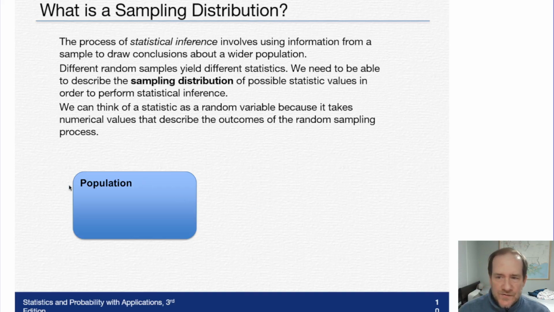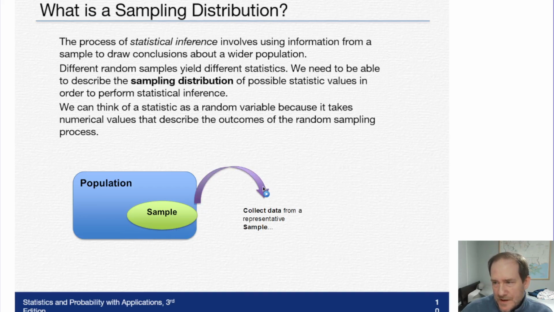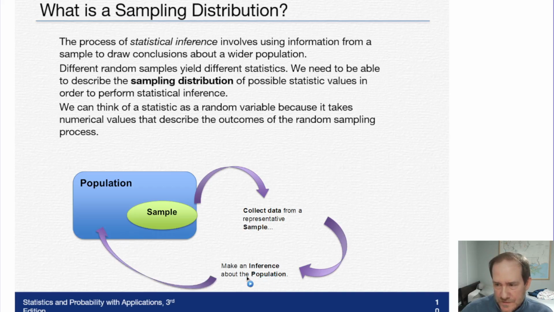So what does that process look like, by the way? Well, you have a population, and trying to actually talk to every single person in that population to get to a true population parameter is often pretty impossible. So instead what you do is you draw a sample, and then from that sample you can pull out some representative piece of data, whatever it is you're trying to measure. You can measure it for that one sample. Then with that you can make an inference about the population, which brings us back.